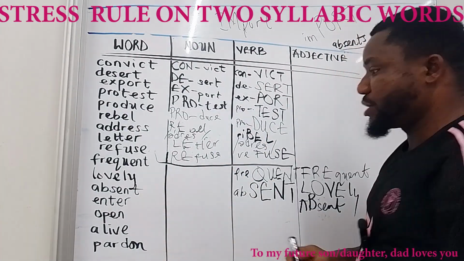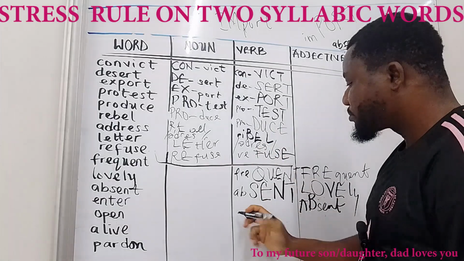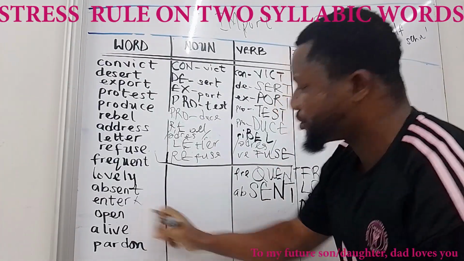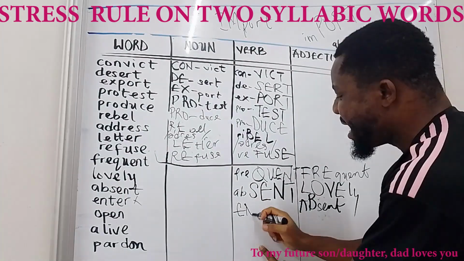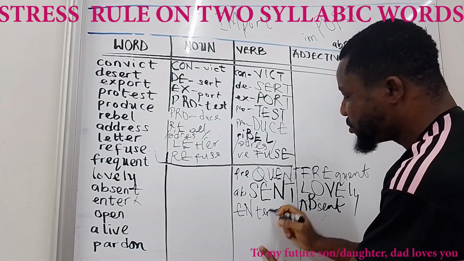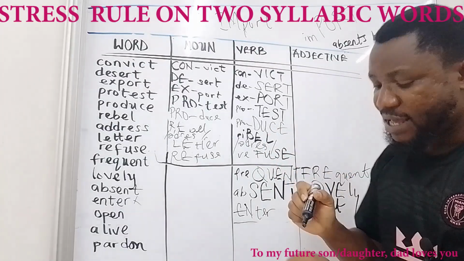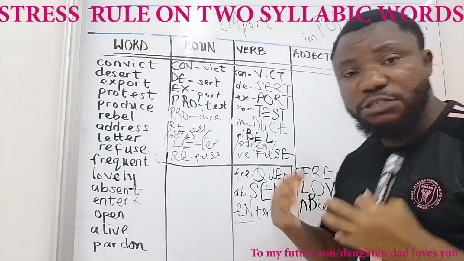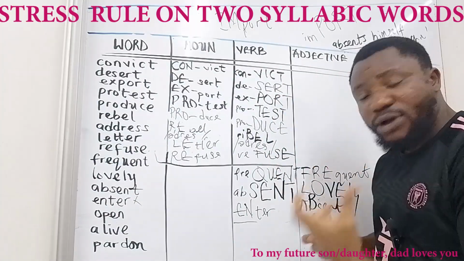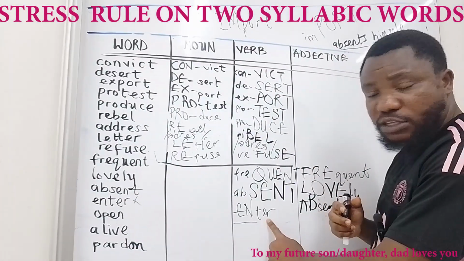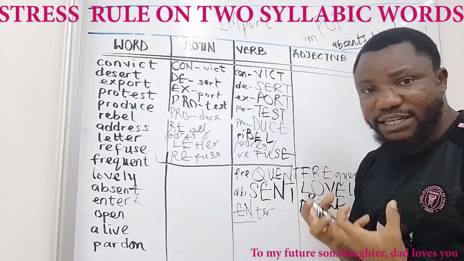Then we have enter. Enter is a verb. Now look at enter. Now the stress goes on the first syllable. Why? That's an exception. I'm going to be explaining this particular exception later in a subsequent video. Any word that ends with ER doesn't attract a stress.